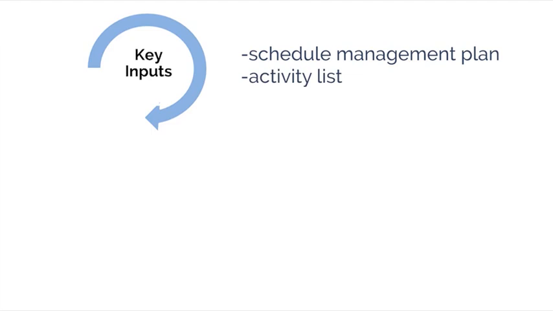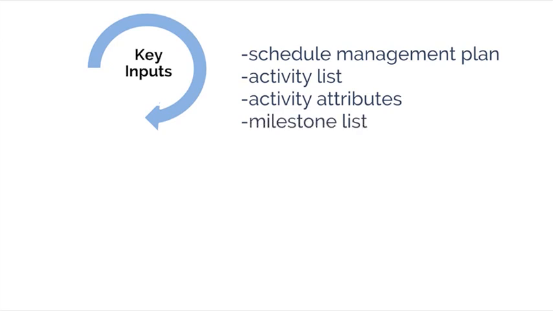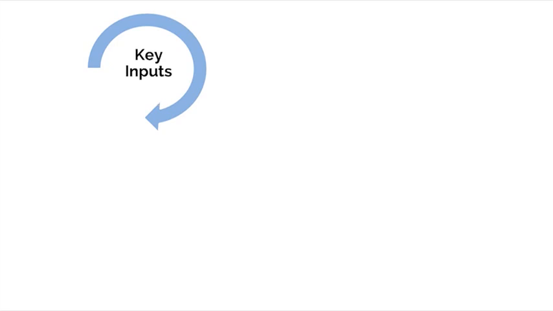We need to consider dependencies and other constraints for these activities since that can influence the sequencing of activities. Activity Attributes may describe a necessary sequence of events or defined predecessor or successor relationships. And Milestone List. The list may have scheduled dates for specific milestones, which may influence the way activities are sequenced.